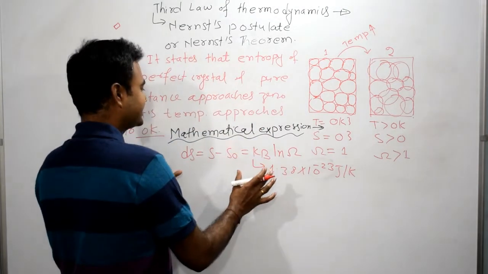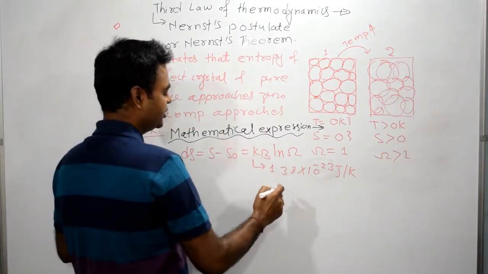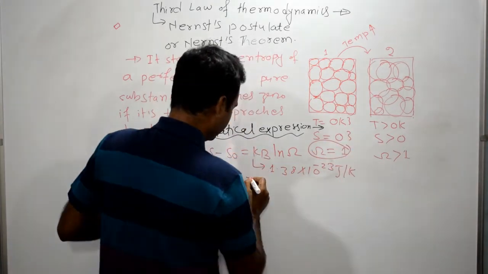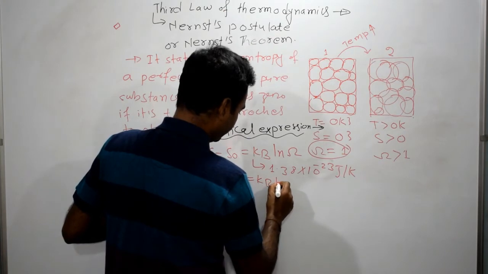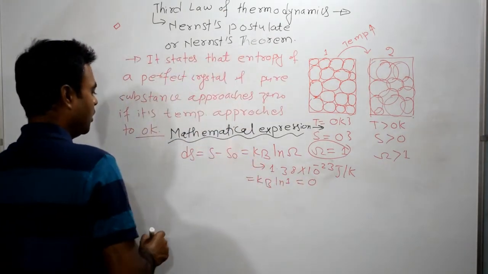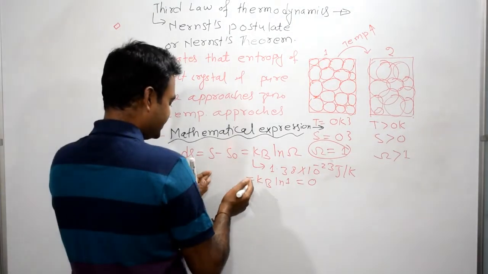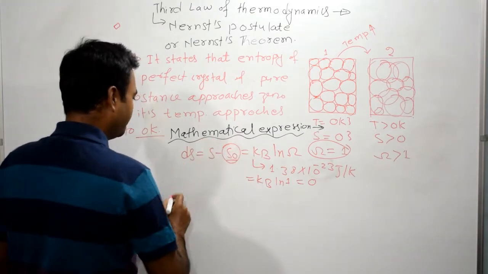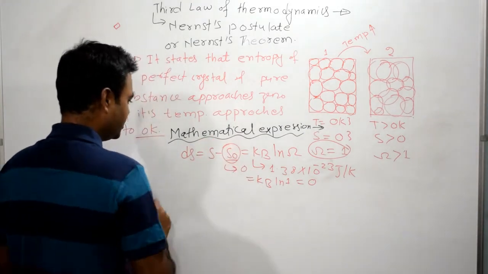Now for this case, ideal condition, the number of microstates is equal to 1. So this will become k_B natural log 1, which is equal to 0. Now for this case the initial value of entropy will be 0.